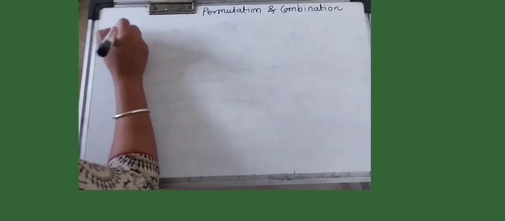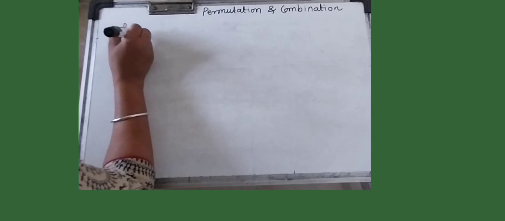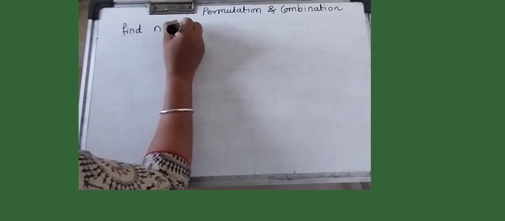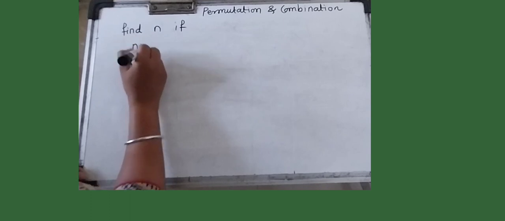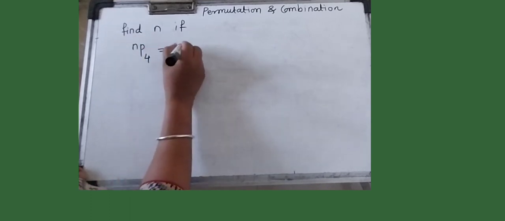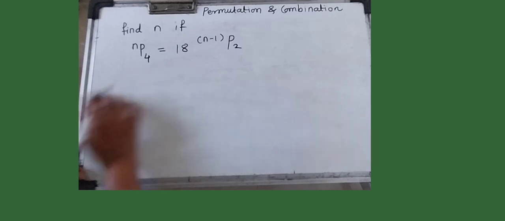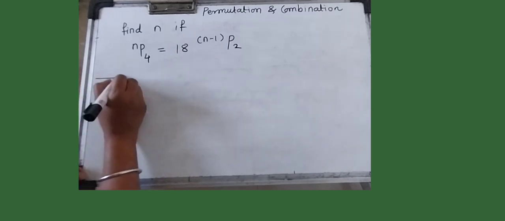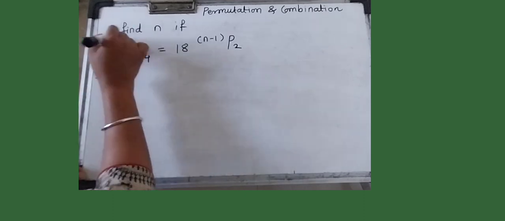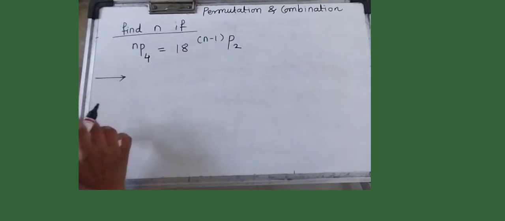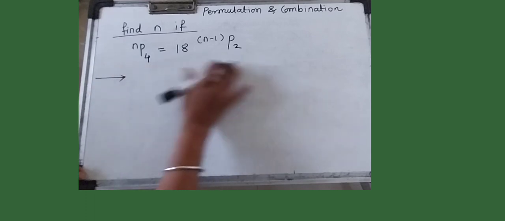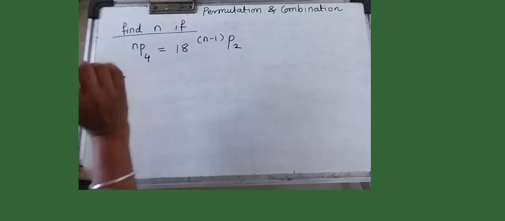Now we'll go through the relation between permutation and combination. Many times it is asked: find n if nP4 equal to 18 times (n minus 1)P2. This is about permutation only. We have to find n here. They gave a condition. What we know from this statement is only the formula, so apply the formula here.